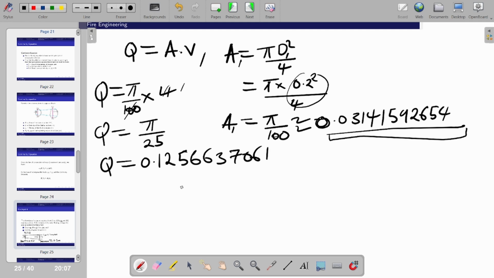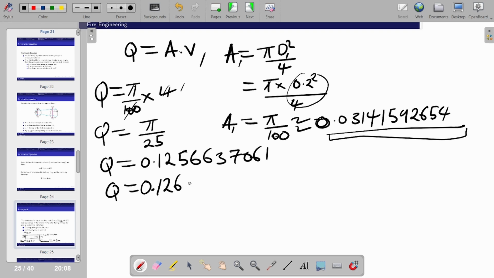This is 0.12566376061. Before you round off, we'll be rounding off to 3 decimal places. So you write it first in full, then you round off to 3 decimal places, 1, 2, 3. The number just after the 5 is 6, so you add 1 to the 5 and get 6.